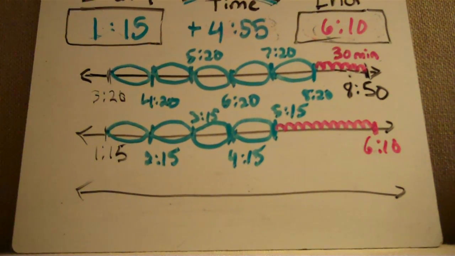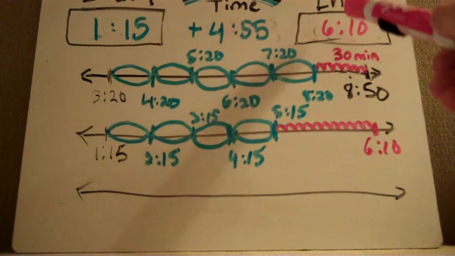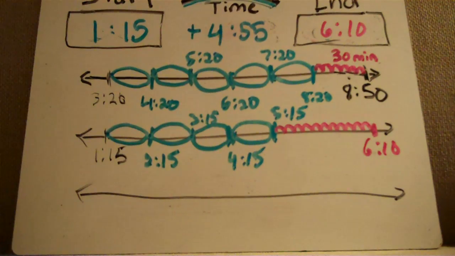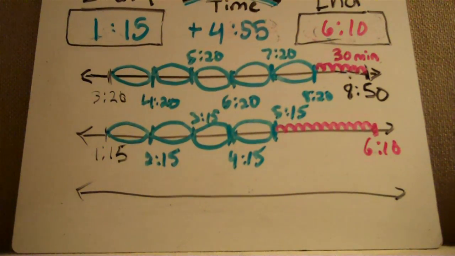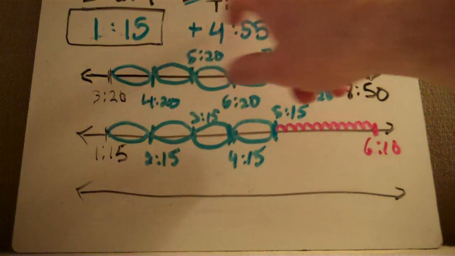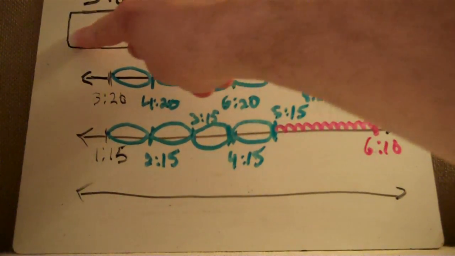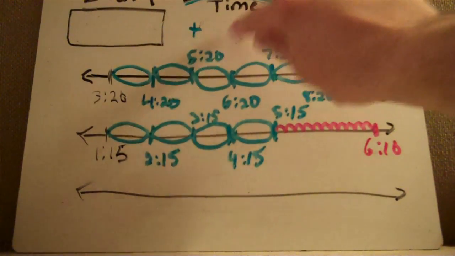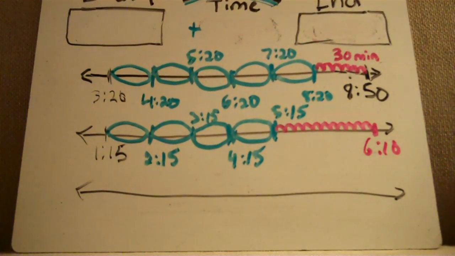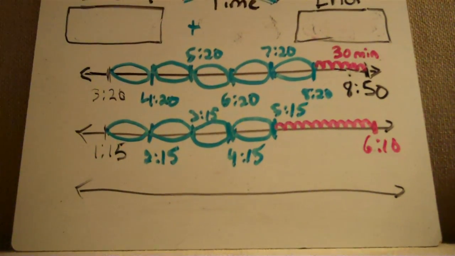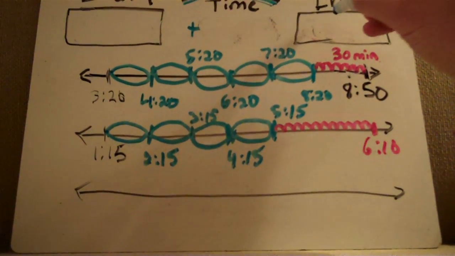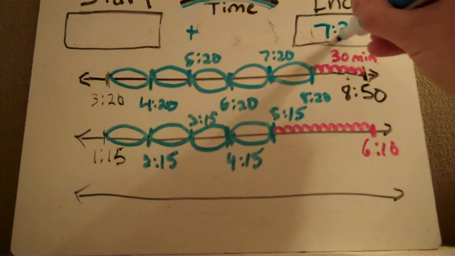So, we've done start time and end time, trying to find the elapsed time. We've done start time and elapsed time, tried to find the end time. Now, let's take away the start time and try to solve for that. Okay, so let's say we have a party and it ends at 7:30.